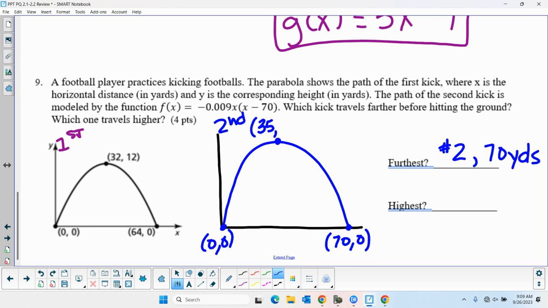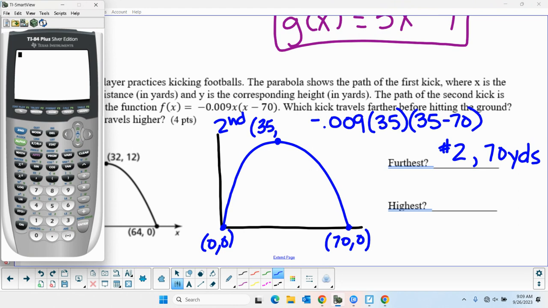So I put 35 in my function: negative 0.009 times 35 times 35 minus 70.